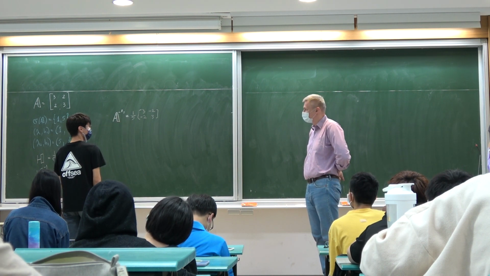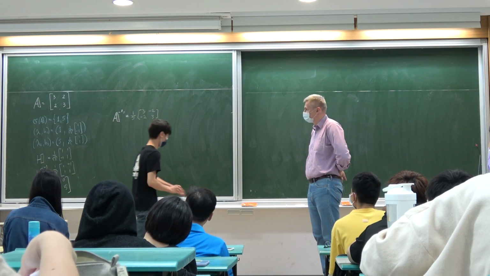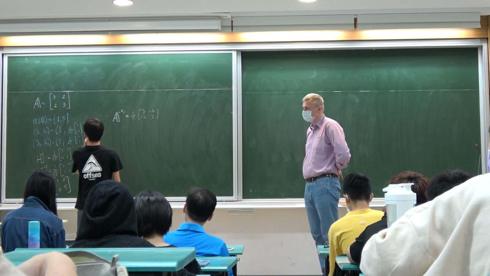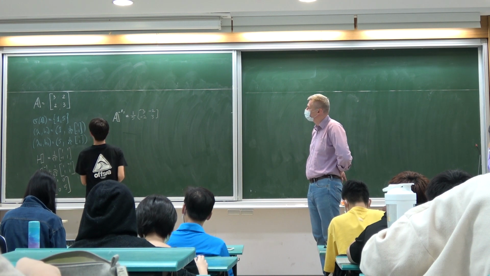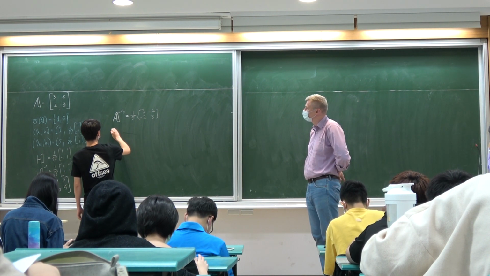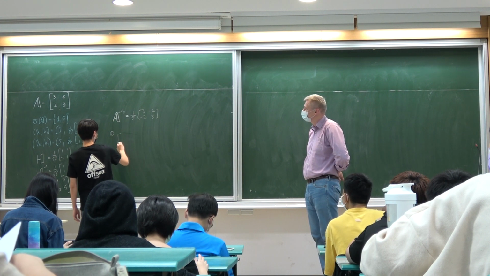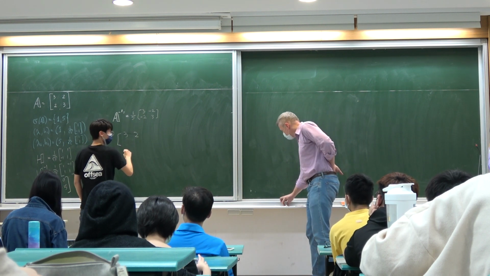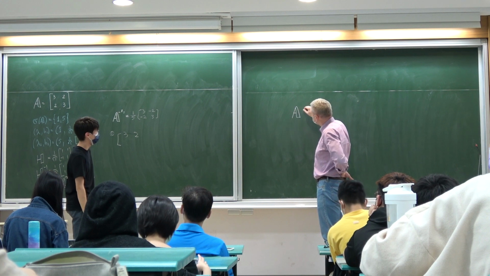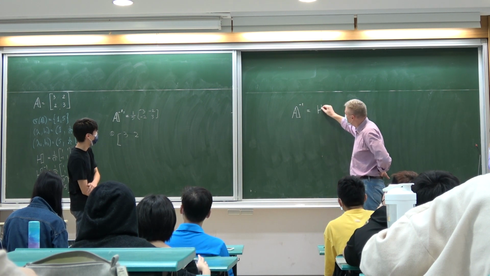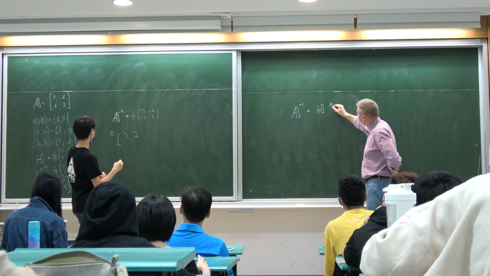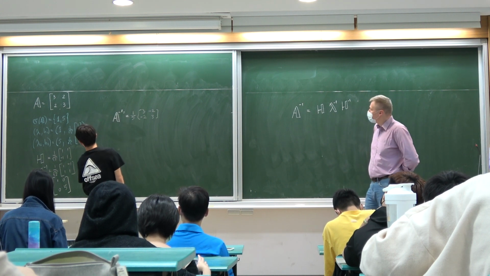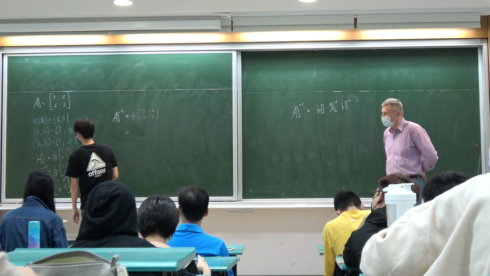Now, I want from the eigendecomposition. Of course, this is correct. No, maybe you don't understand. I want this to be computed like we did in the class. H lambda minus 1, H minus 1. And what you wrote is of course correct.